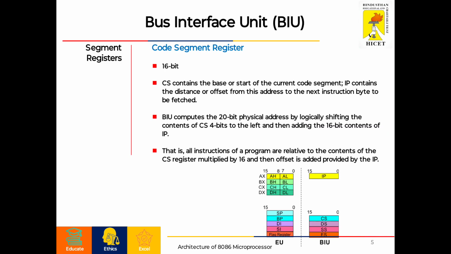The first one is the code segment register, which is a 16-bit register. It contains the base to the start of the current code segment. So the BIU computes the 20-bit physical address by logically shifting the content of this code segment 4 bits to the left and then adding it to the content of the instruction pointer.